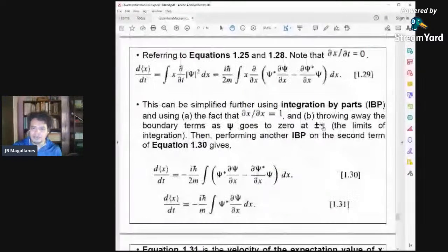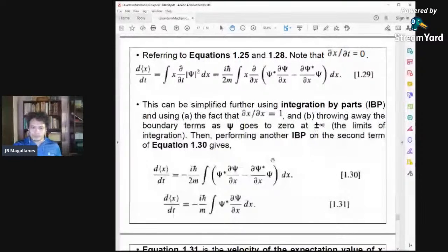Then you know for a fact that the partial derivative of something with respect to that something is equal to 1. So in this case, the partial derivative of x with respect to x is equal to 1. And throwing away the boundary terms as psi goes to 0 at the infinities, at the ends.